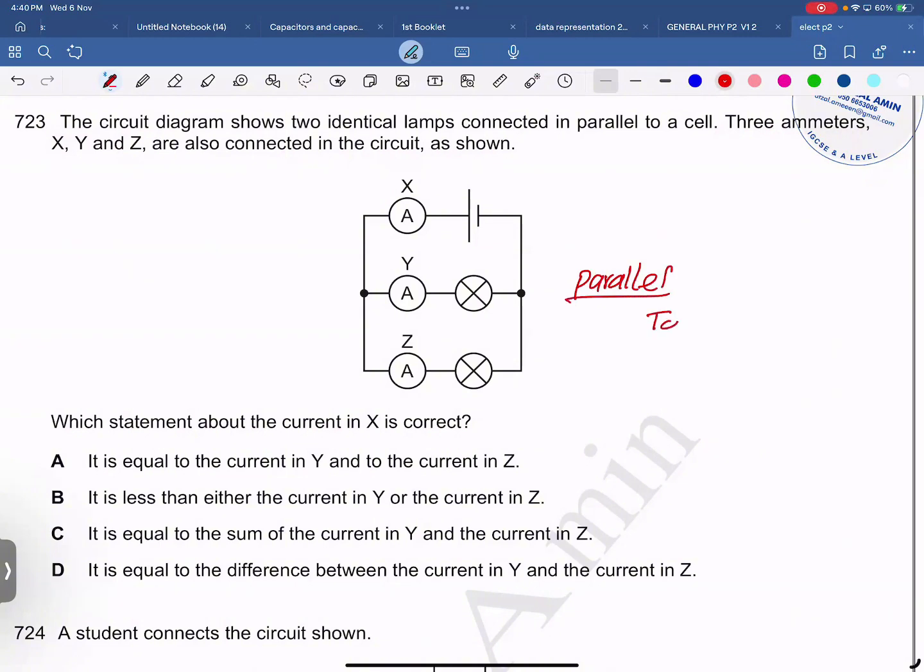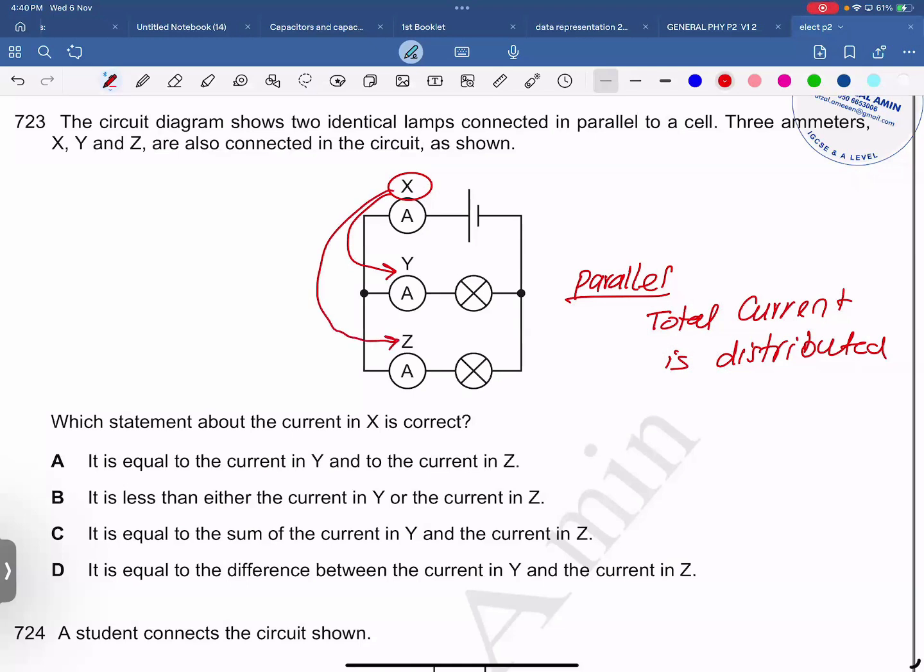In parallel, the total current is distributed. So what is the total current? X will be distributed for Y as well as Z, so X is equal to Y plus Z. X is the maximum current, which will be distributed into Y and Z.